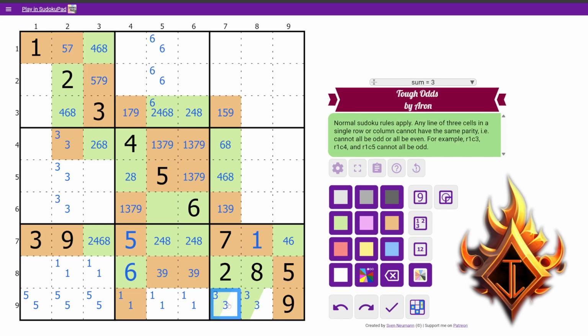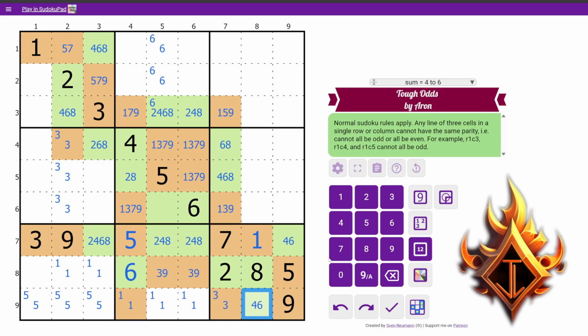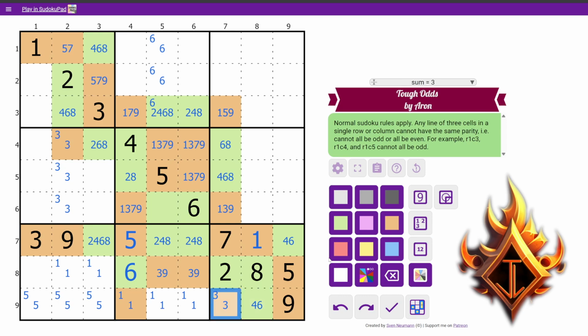If this is the even, then both these would be odd. So this is not the even. This is odd. This is the other even. It is 4 or 6. 2 and 8 are already there.